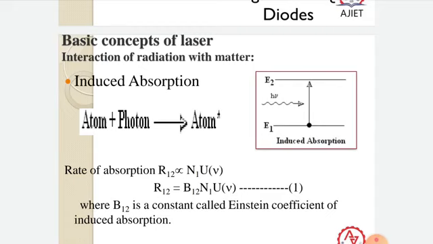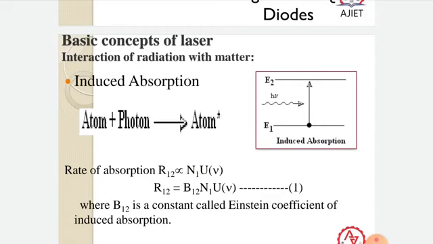If the transition is from a higher state to a lower state, the system gives out a part of its energy, and if the transition is in the reverse direction, from the lower state to the higher state, it absorbs the incident energy.